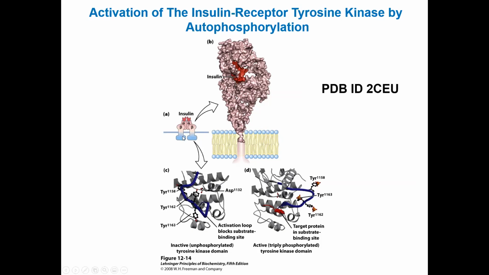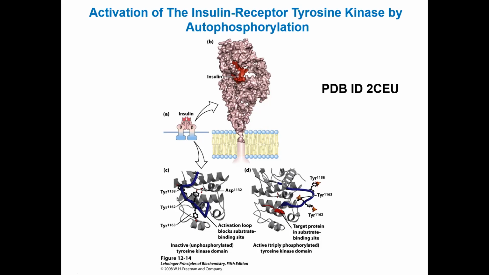Okay, so in C they are trying to show you what residues get transphosphorylated. And what are those residues? So in C on the left hand side, what you're seeing is the insulin receptor, the cytoplasmic side of it, when it is in the inactive state.